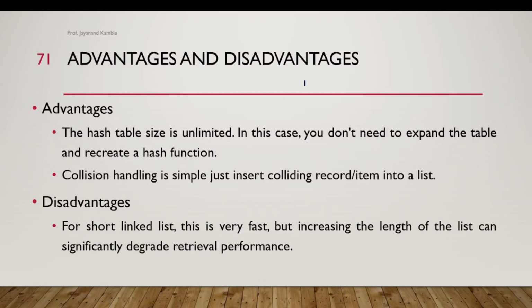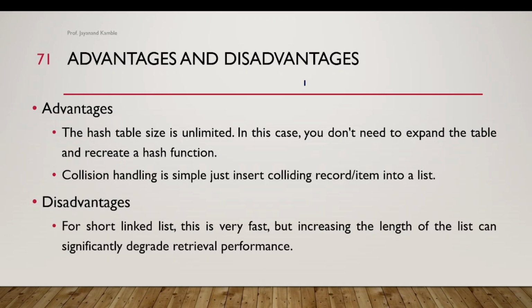Disadvantage: for a short linked list this is very fast, but increasing the length of the list can significantly degrade the retrieval performance, because I want to search for example 101. It will yield the hash key 1. Okay, and it will be in the bucket of 1. So in the bucket of 1 we have 1, 11, 21, 31, 41, 51, 61, right?